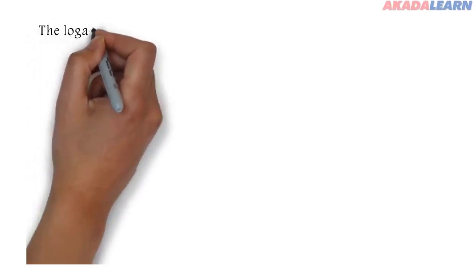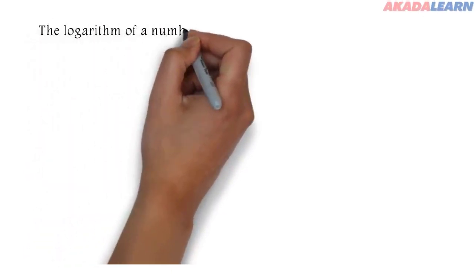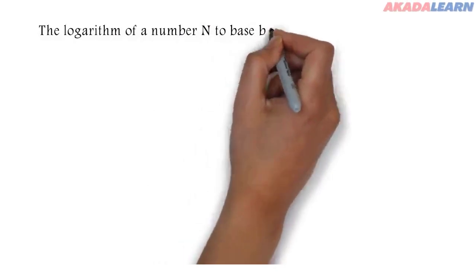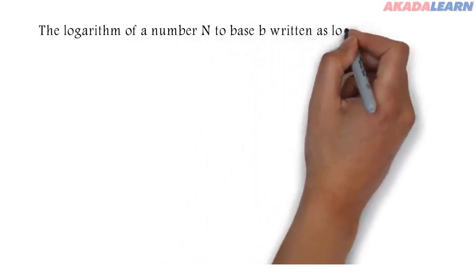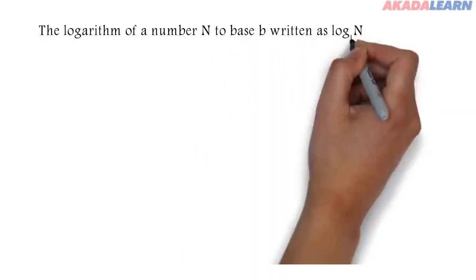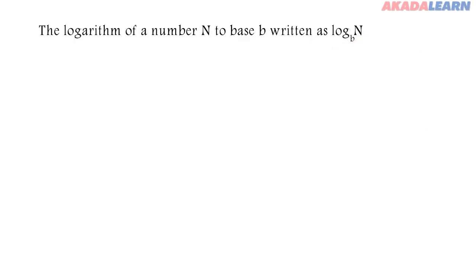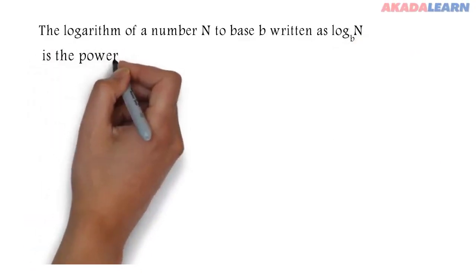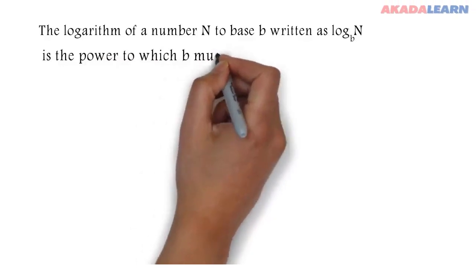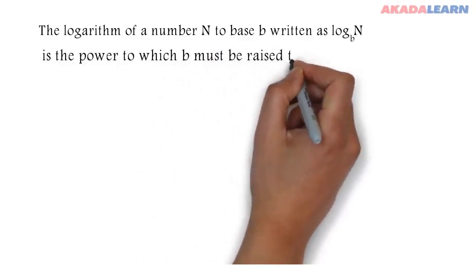So first of all, let's start with the definition of logarithm. The logarithm of a number, let's say n to base b, written as log n base b, is the power to which b must be raised to obtain n.